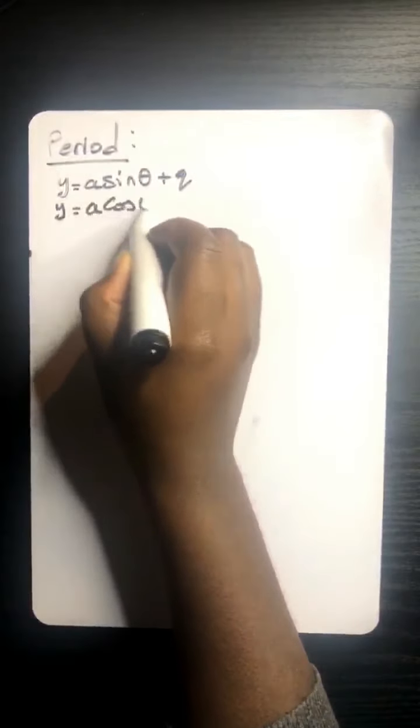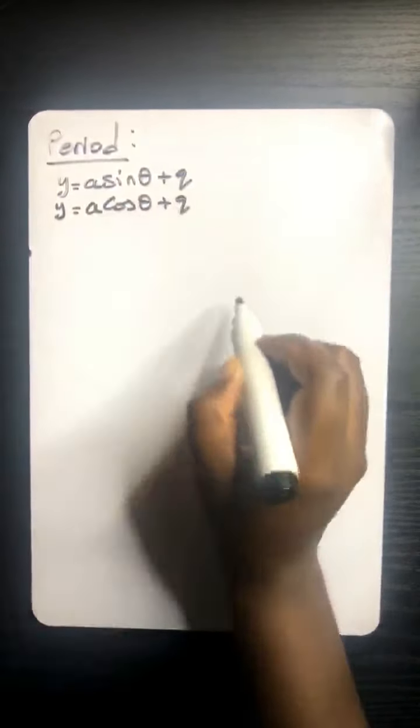So the period is the interval over which the graph repeats itself. So we did notice that, for example, the graph of y is equal to a sine of angle plus q, and also y is equal to a cos of angle plus q.